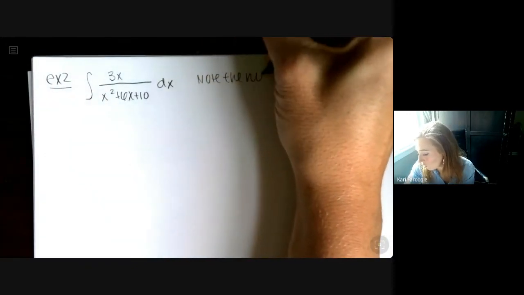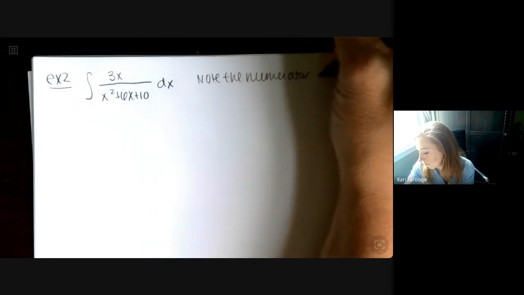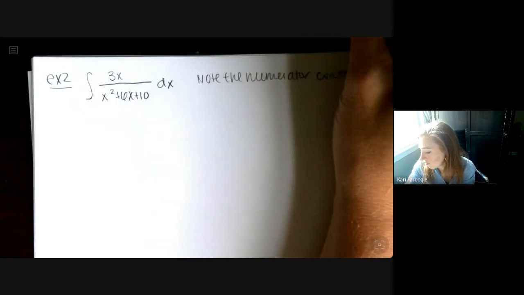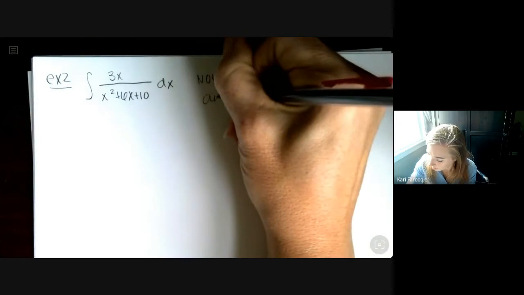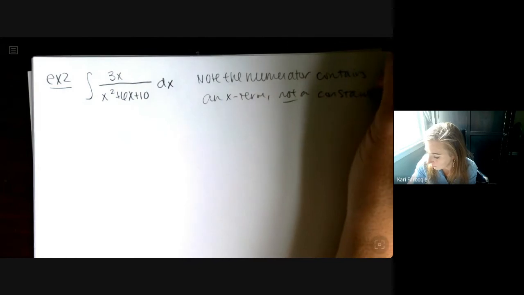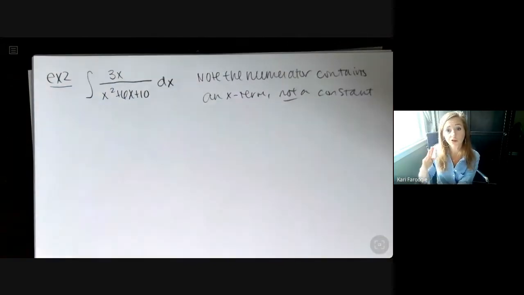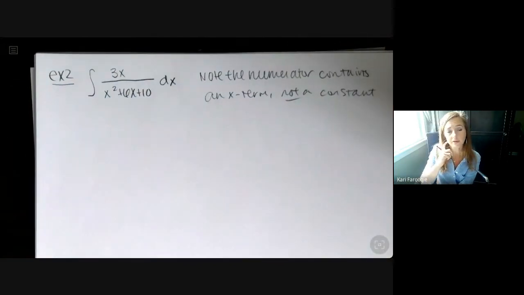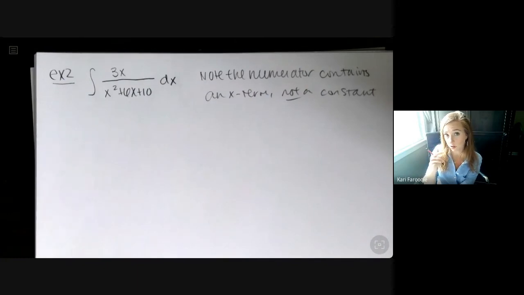Note the numerator contains an x term, not a constant. That changes your thinking. That makes you think, wait a second, even if I do complete the square, I'm not exactly sure where this is going to go.